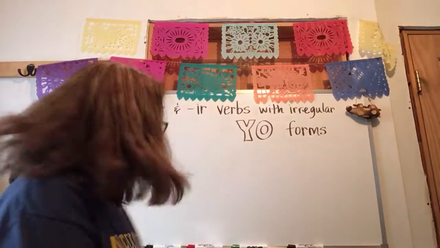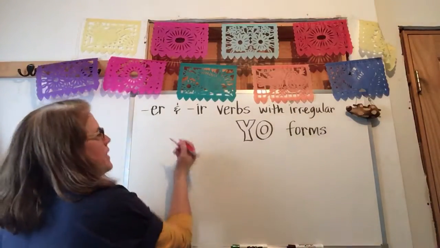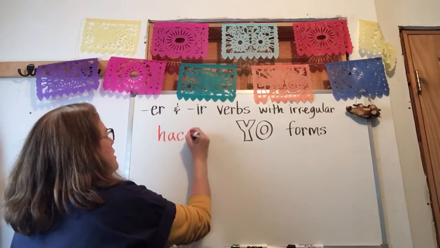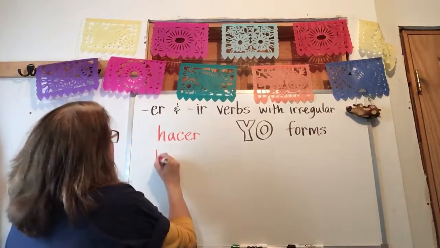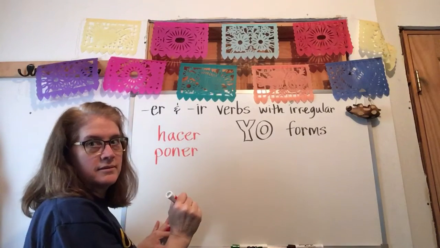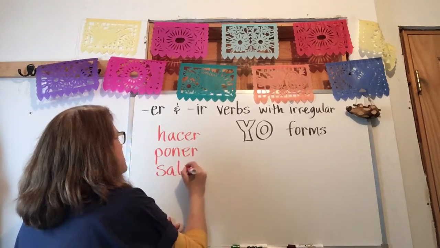Okay, now we're going to practice. You guys ready? I'm going to write these up here for you so we don't forget what they are. Remember, they don't have to be in this order, but we have hacer. Do you remember what that means? You can say it right now. We have poner, which means, you can say it right now. How about salir?